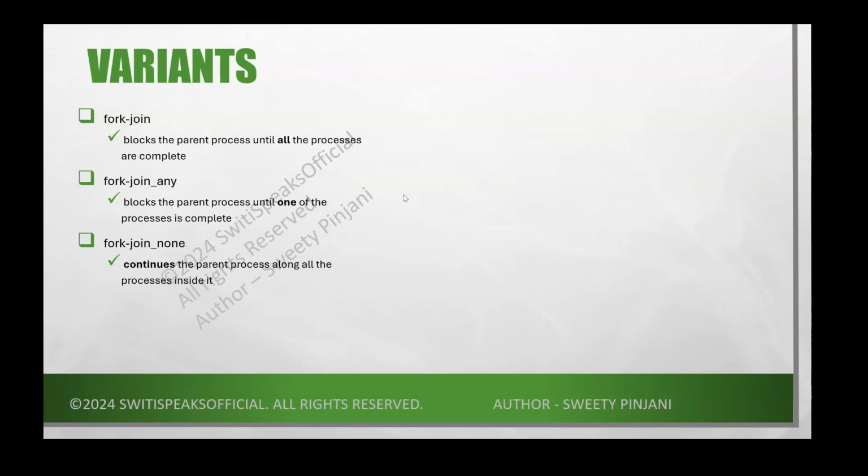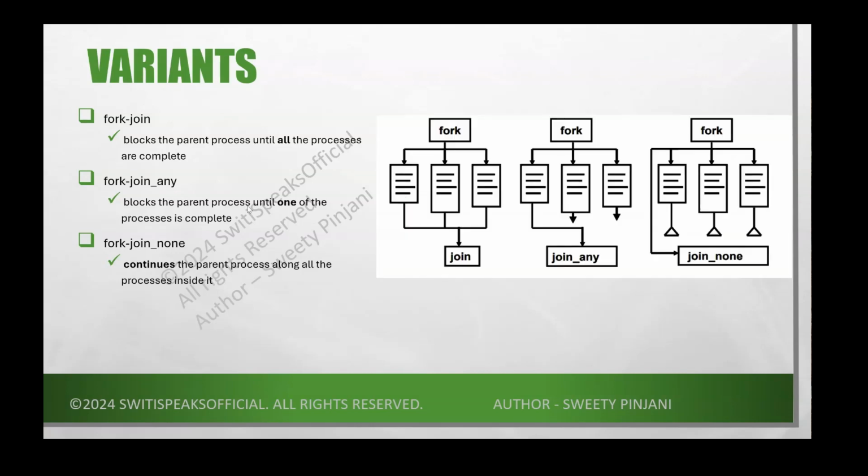Let us understand this with the help of a diagram. Here, if you see in fork join, I have three different processes, or you can call them three different threads. This fork join is not coming out until all of its threads are completed. Once all of the threads are completed, only then it will come out.